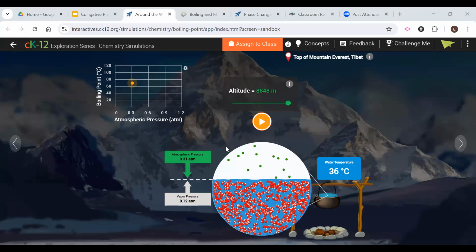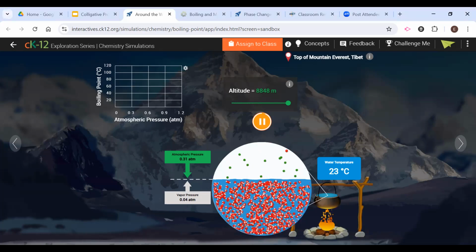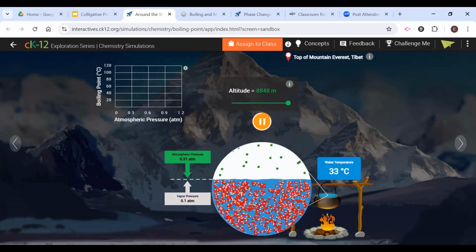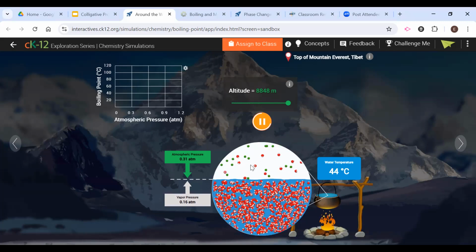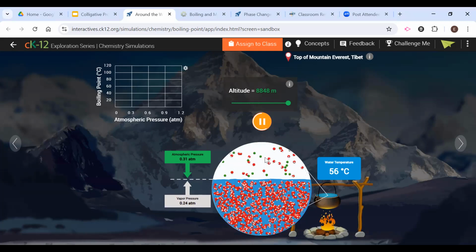So we have, this is atmospheric pressure, this is the vapor pressure, this is what you are boiling. You see the particles, you see some vapor pressure. So let's go. You see that? The particles are evaporating. So this vapor will be exerting some pressure.